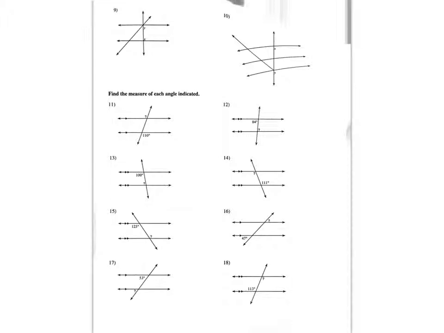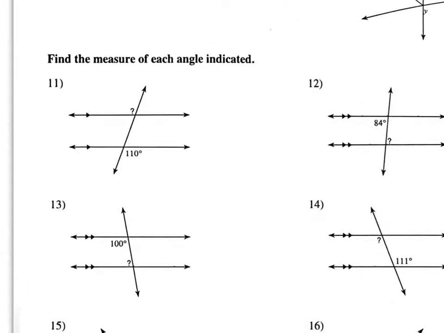On the last 8 problems we're looking at the measures of the angles. I told you that if they are corresponding, alternate interior, or alternate exterior, they're going to be equal. Let me look at number 11. That 110 degrees and this question mark, if you know the relationship: if it's corresponding, alternate interior or alternate exterior, this also has to be 110 degrees.